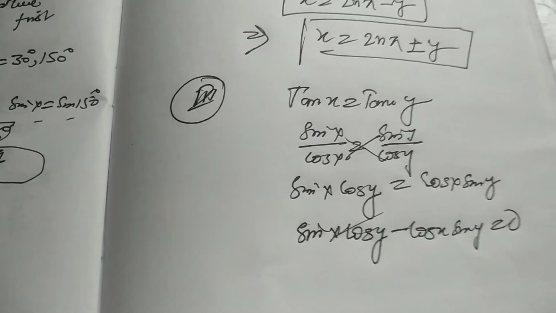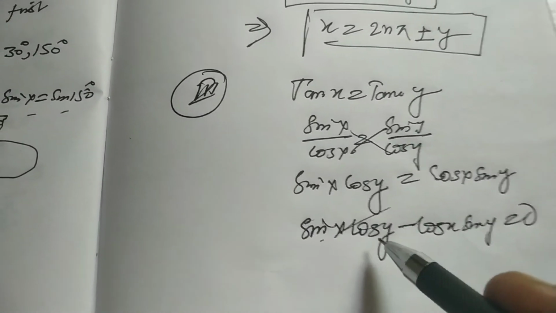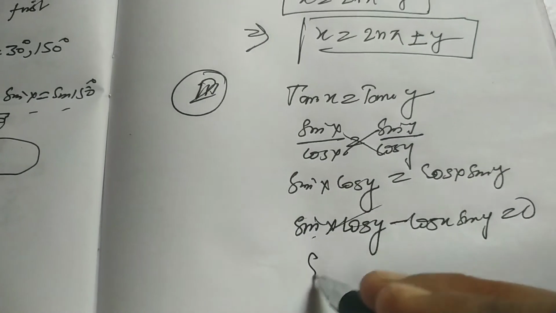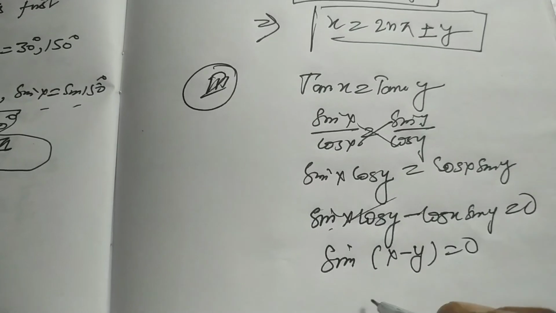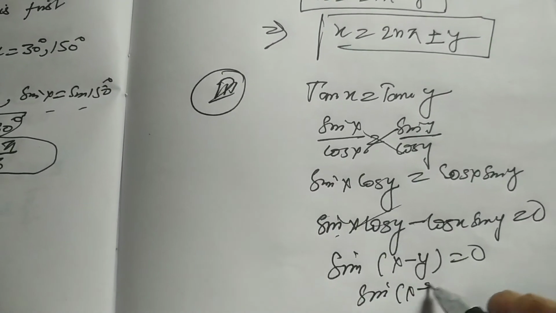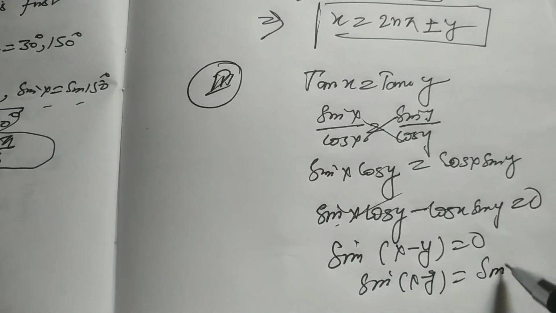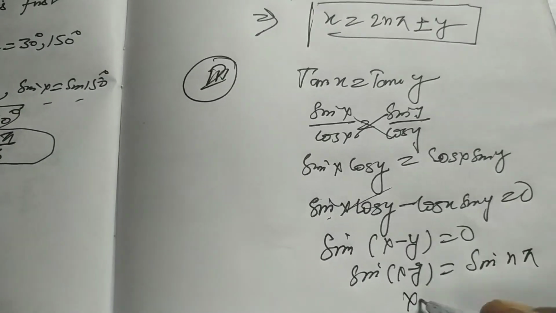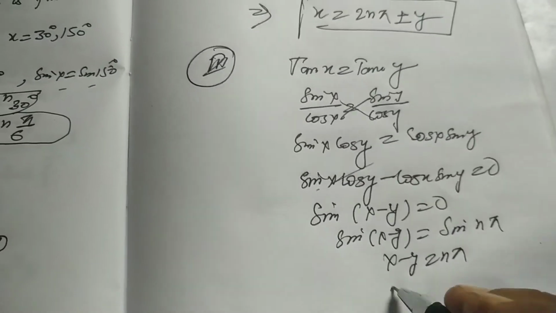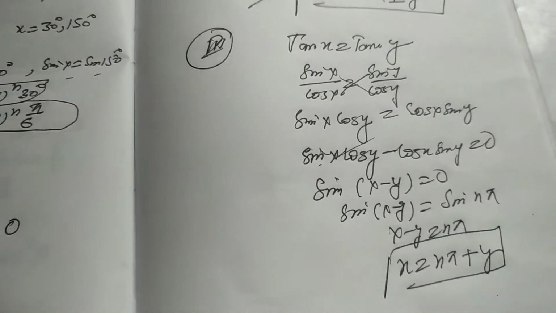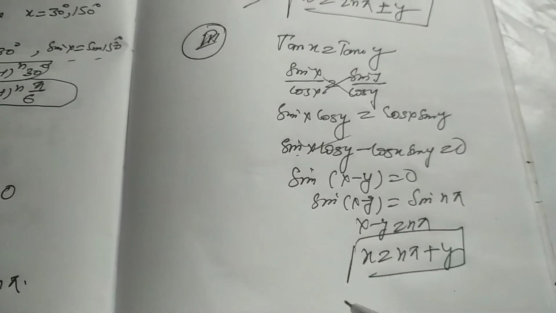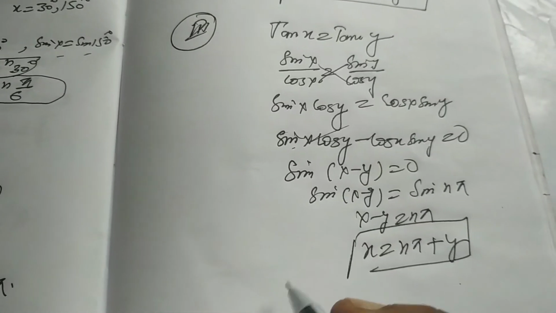Let me check this one: this is sin A cos B minus cos A sin B. So this is sin x minus y is equal to 0. That is sin x minus y is equal to sin n pi, and x minus y is equal to n pi, so x is equal to n pi plus y.